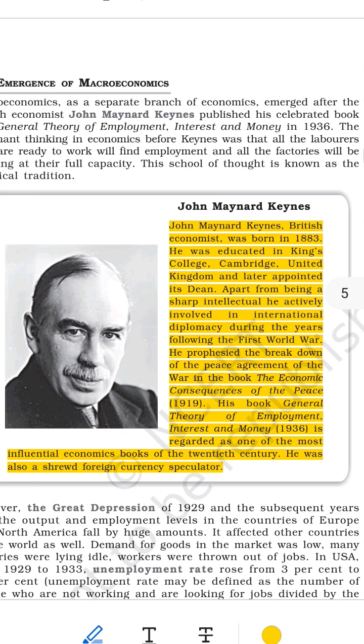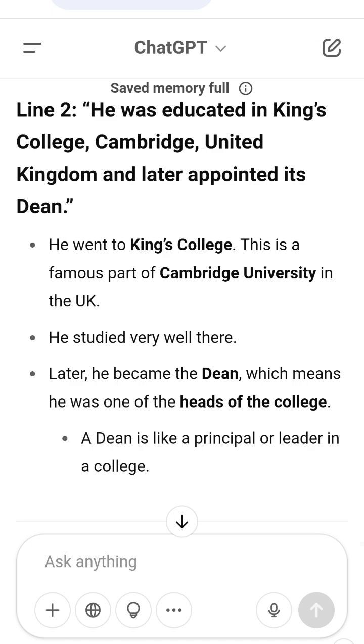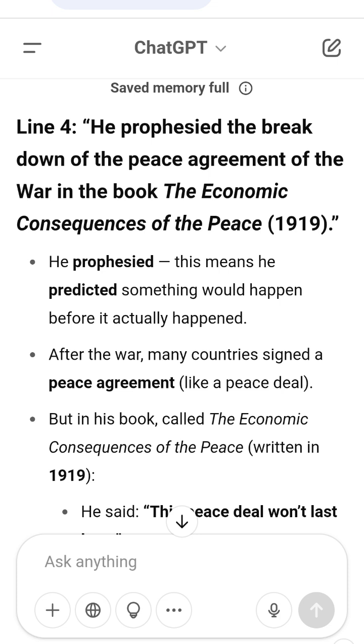Extra summary, just like a story. Let me tell you like a mini story. Long ago in 1883, a very smart British boy named John Maynard Keynes was born. He grew up, went to Cambridge University, and became a big teacher. But he didn't just teach, he also helped countries after World War I. He said, "This peace plan is bad, it will cause trouble later."